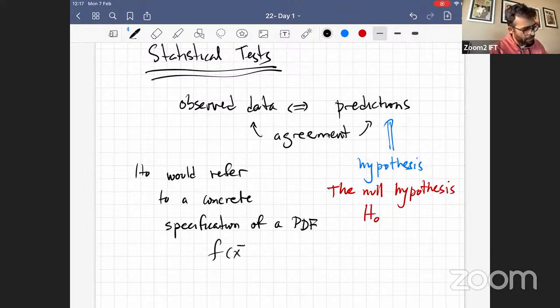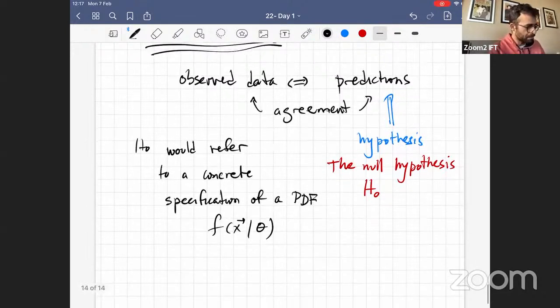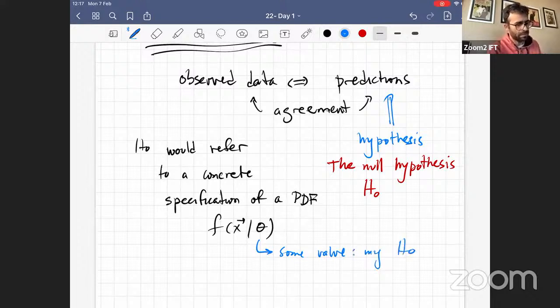I have a multivariate random variable, and imagine that it is defined by one parameter. So some value of this theta would be my H0, okay? If I have another value of theta, then that would be an alternative hypothesis, let's say.